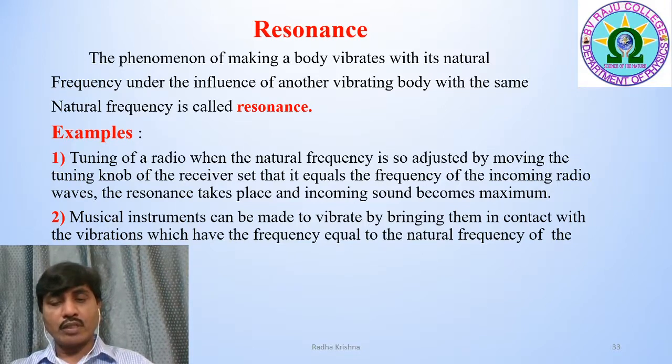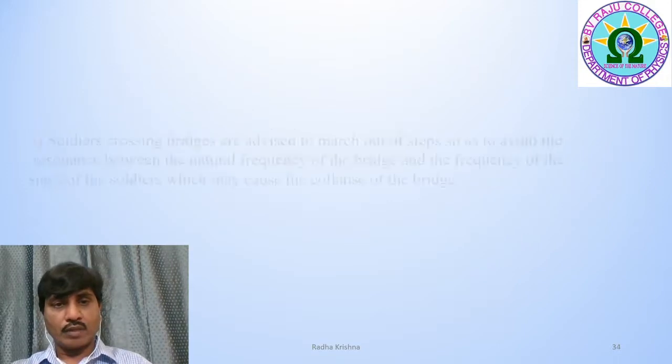If the natural frequency of the strings is equal to the frequency of the external periodic force, then the musical sounds can be heard with maximum amplitude. That is due to resonance.